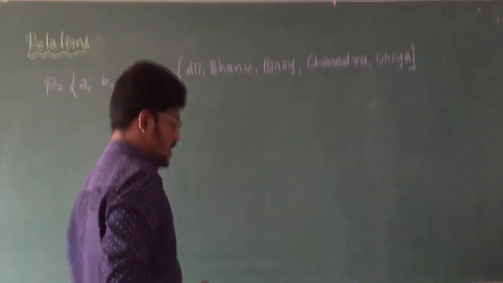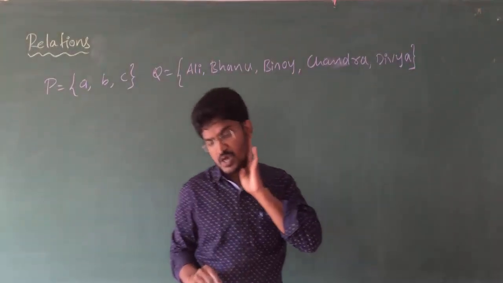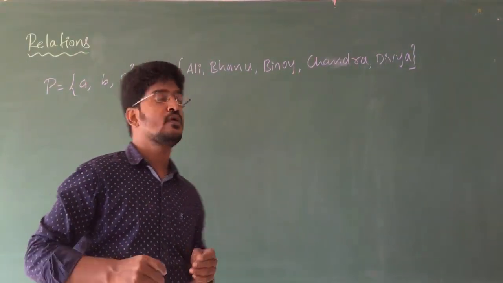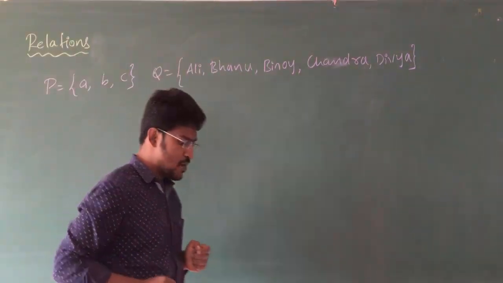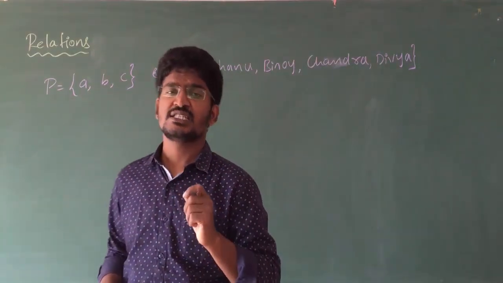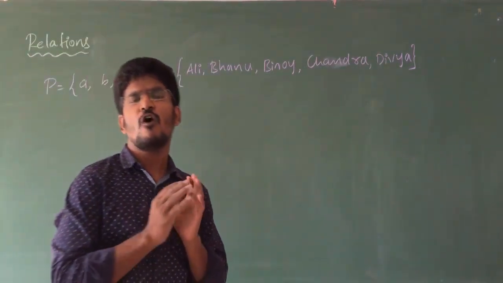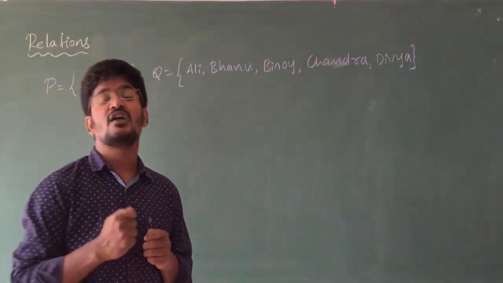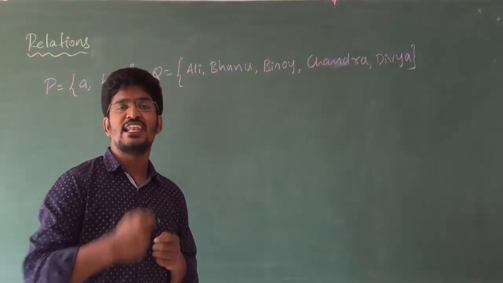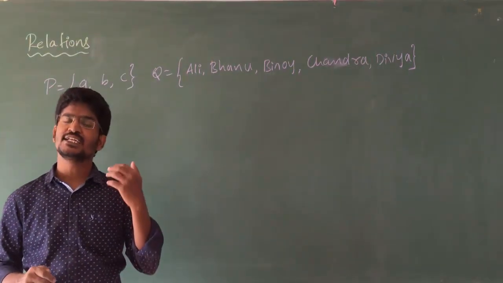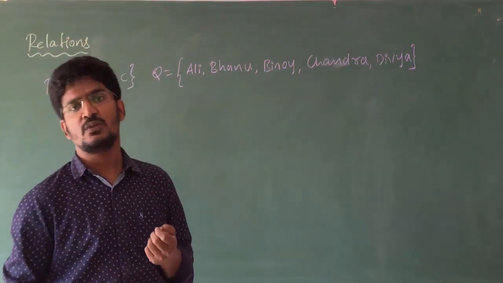Clear? Hi students. We are already continuing with our relations and functions chapter. Here we have completed exercise 2.1. Exercise 2.1 was all about Cartesian product: how many elements are present in a Cartesian product, and how to write the ordered pairs in the Cartesian product.